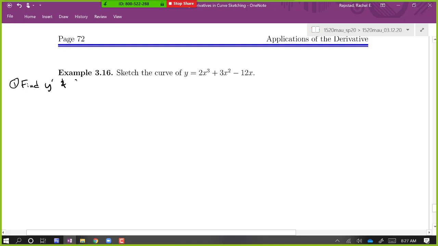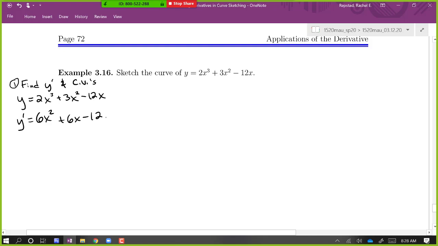I'm going to find y prime and the critical values. If y is 2x cubed plus 3x squared minus 12x, we're using just the power rule. So we get 6x squared plus 6x minus 12.